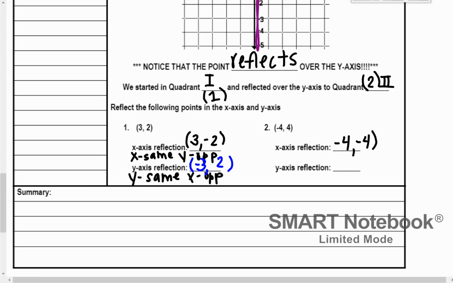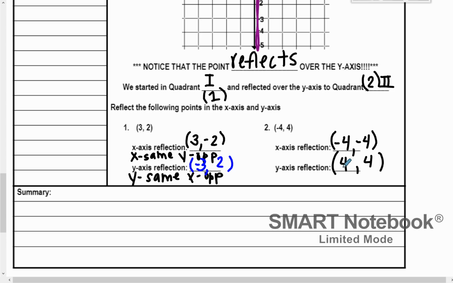Remember, opposites are the same distance from 0. For our y-axis, it's a little different. Our y stays the same, so our y stays 4. And we take the opposite of our x, so the opposite of negative 4 is positive 4.